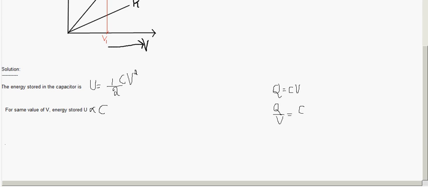The slope of Q-V graph gives the value of capacitance.